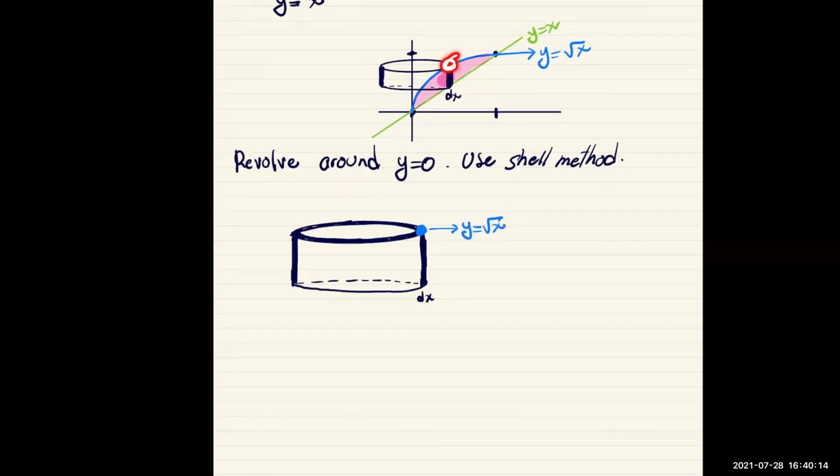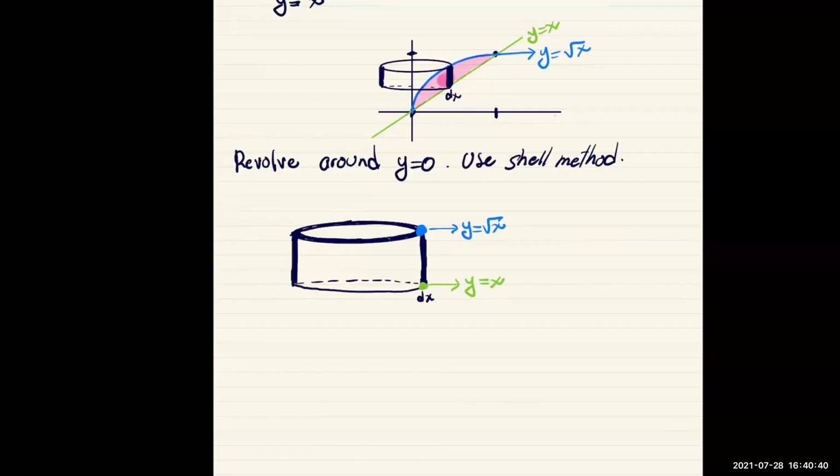Okay, so we're talking about that point. And this point falls on the green graph. So here y is just x.